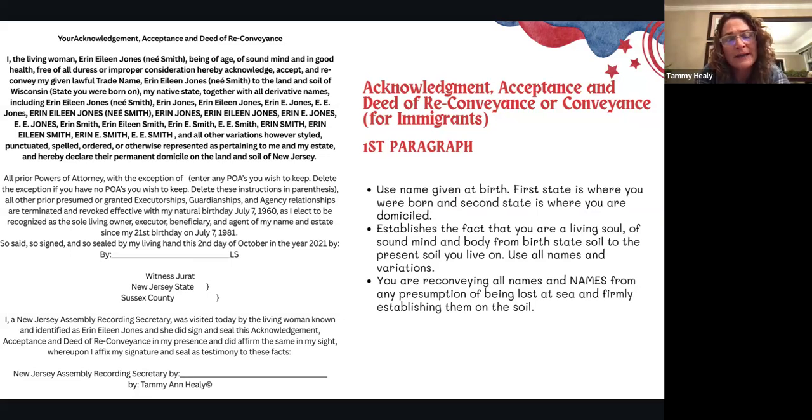So this is why when you correct your status and you are on the land and soil, you don't want to put your assets in a trust. You want to put it in a will, right? If you want to leave, because as a state national, all your belongings belong to you. Nobody can take them from you.